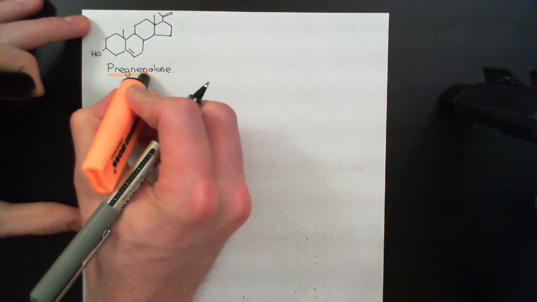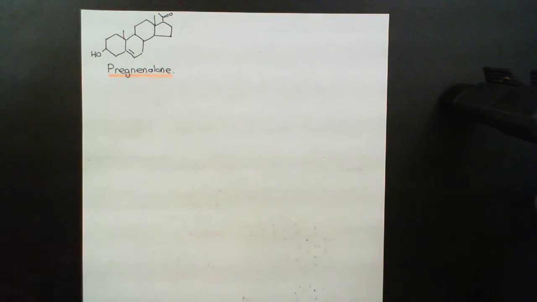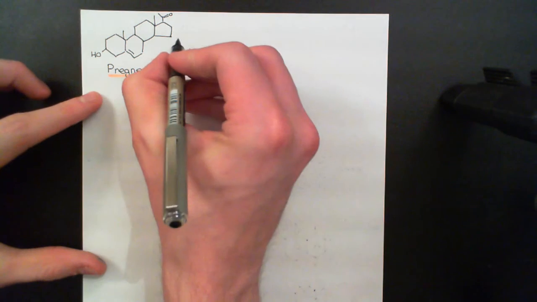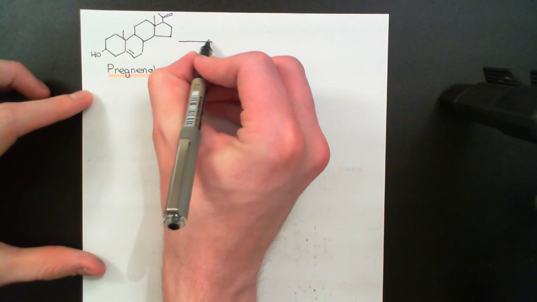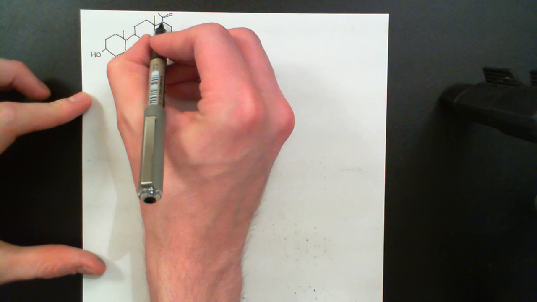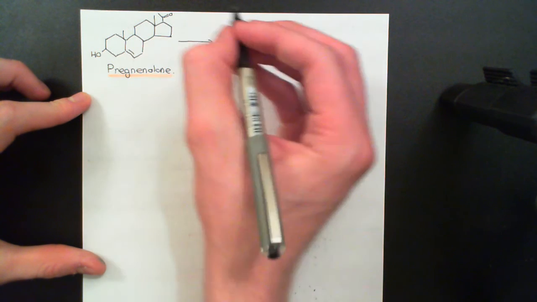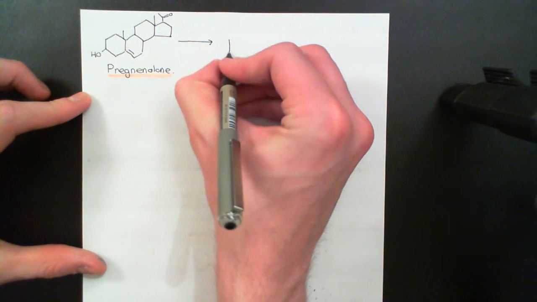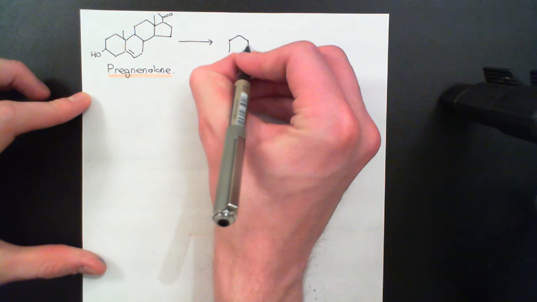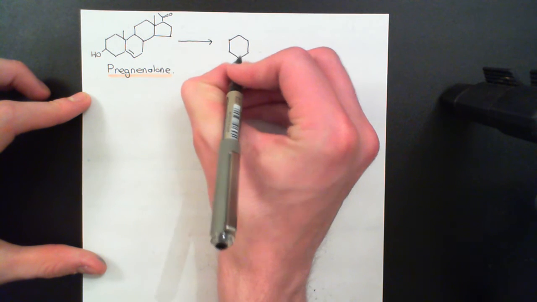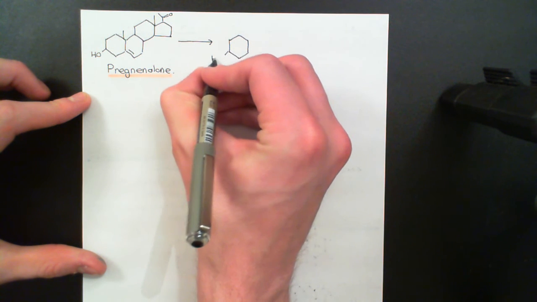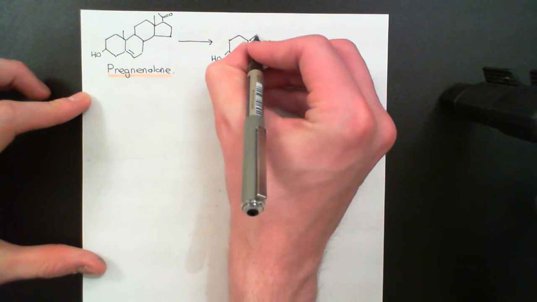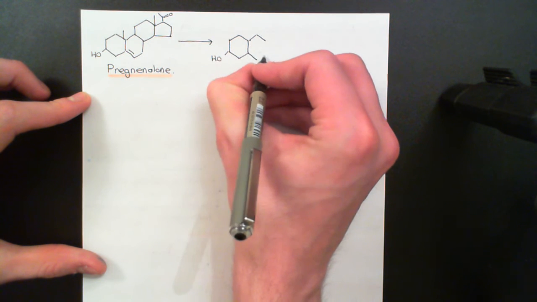This time we're going to let the 17-alpha-hydroxylase enzyme act first, and then we'll let 3-beta-hydroxysteroid dehydrogenase act second. So we're firstly going to add an alcohol group onto carbon 17. Exactly the same: take the hydrogen off carbon 17, stick an alcohol group on there instead. What we'll end up with is pregnenolone with an additional alcohol group. So here's ring A with the alcohol group on carbon 3 again.